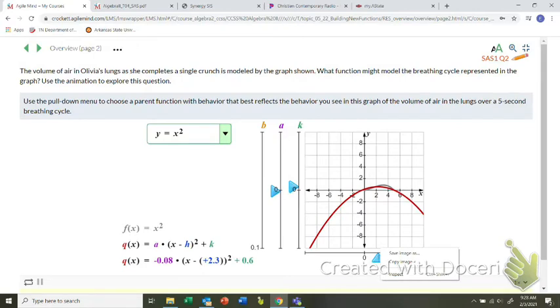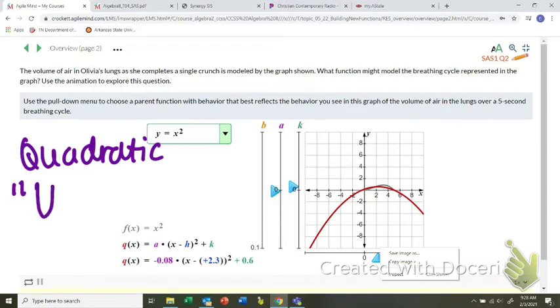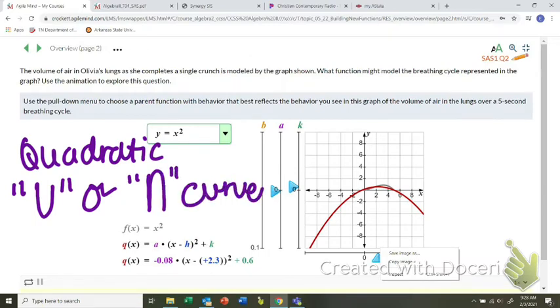So, let's write for quadratic, all right, so quadratic, let's look at it, and we see that it can be symmetric.